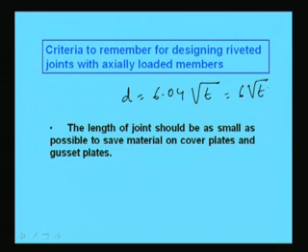From this formula we generally calculate the rivet diameter, where t is the thickness of the thinner plate. If we have multiple plates, then the thinnest plate thickness will be considered.